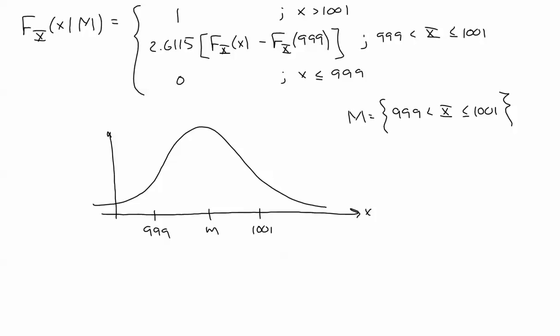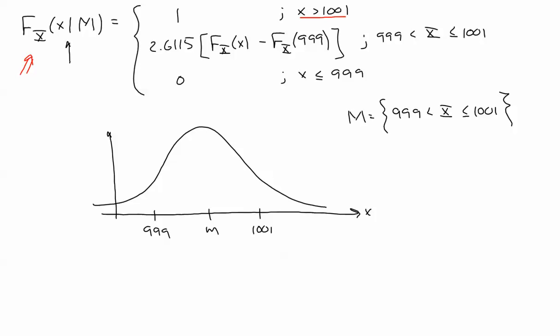So if I know, that's what this if bar means, I know that my meter stick length is between 999 and 1001, then if x up here is greater than 1001, I know it's 100% likely to be less than that value. If little x is greater than 1001 millimeters, the conditional cumulative distribution function has to be exactly 1 because I know it lies between 999 and 1001.